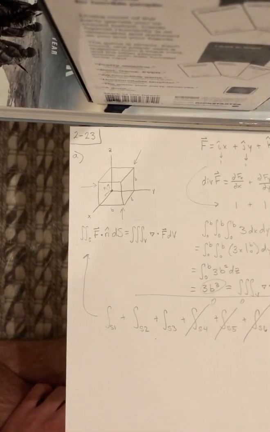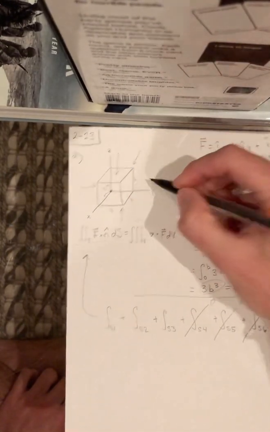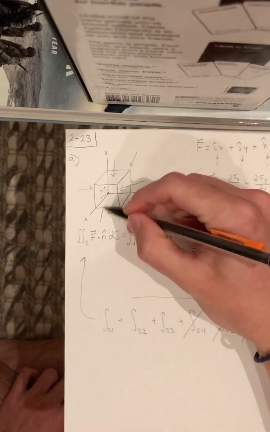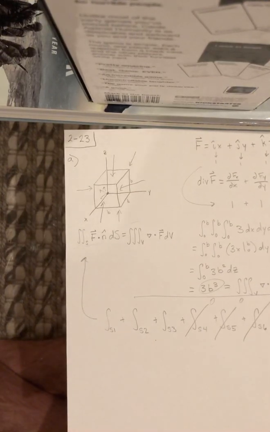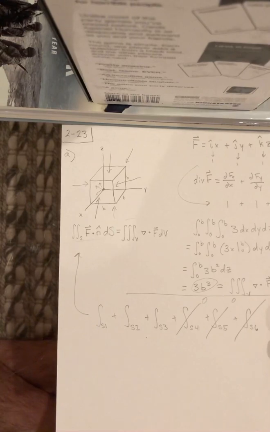So the sides we're going to be looking at are the top, the right side, and the front side. So over here, we're going to have x equals 0, x equals b, y equals 0, y equals b, z equals 0, z equals b. All of these 0 functions are the ones we just crossed off right here.